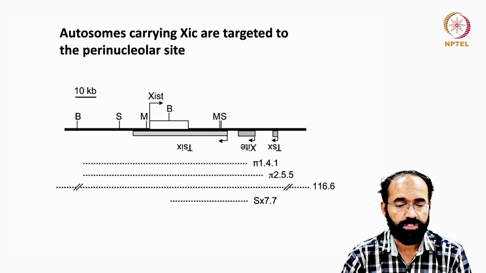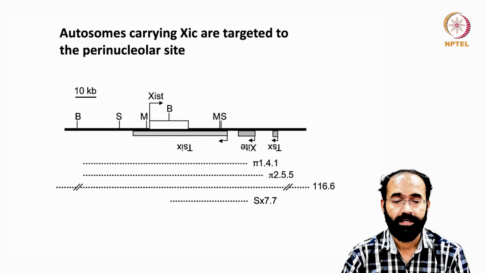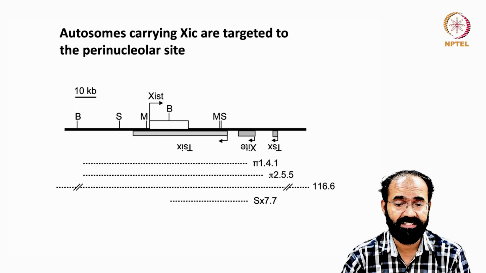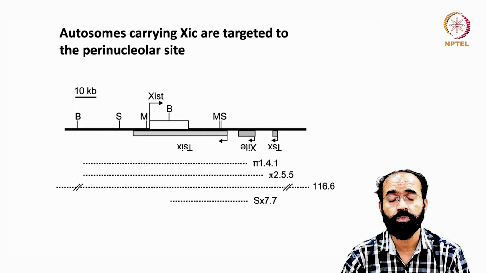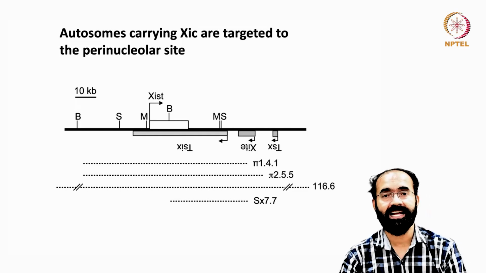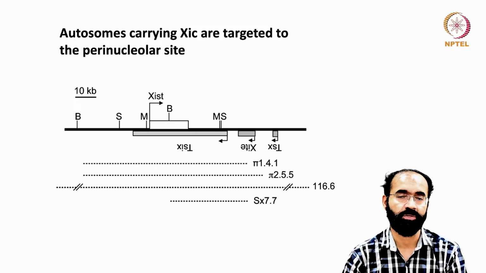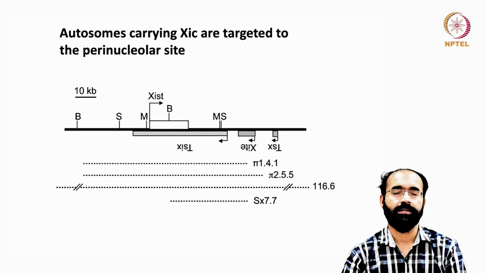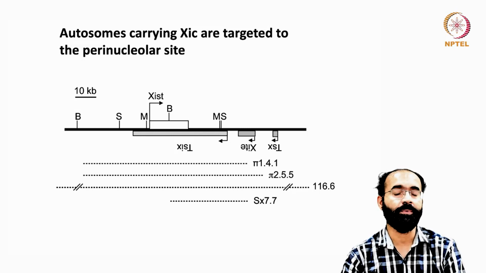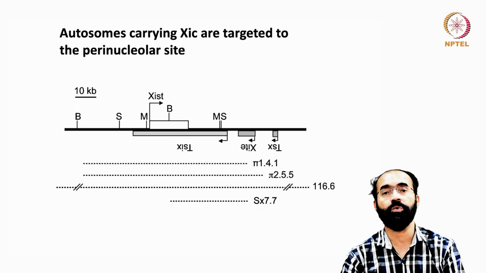So autosomes carrying the X-inactivation center are targeted to the perinucleolar site. If you take the X-inactivation center, that portion from the X chromosome, and insert it onto another chromosome, which is an autosome, you see that this chromosome now goes closer to the perinucleolar site. Autosomes, in the case of human, are chromosome number 1 to chromosome number 22.